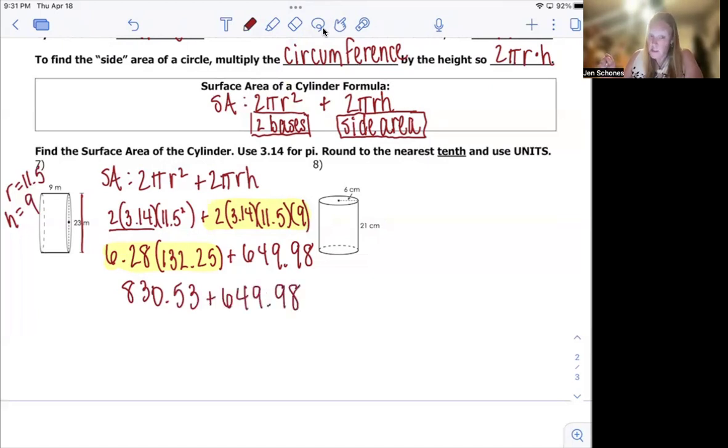Plus 649.98 for a grand total of, see if I got the same thing as last time. Yeah, I did. Surface area is 1,480.5 meters squared.